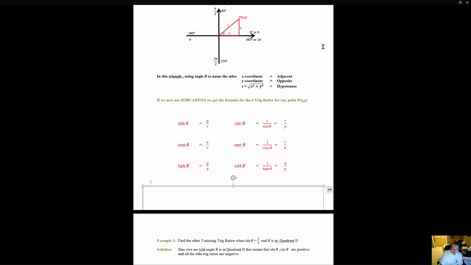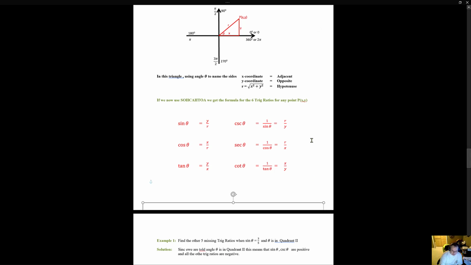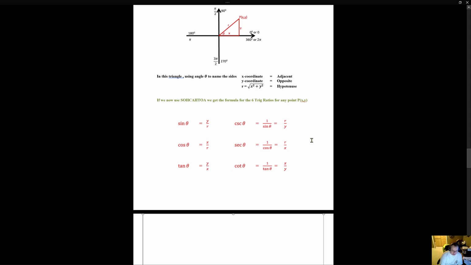And you notice that all these formulas just use the x, the y coordinate, or the value of r. Now, provided you know which quadrant it's in, and essentially all the quadrant does is tell you whether the answer is a positive or a negative number, you are pretty much good to go. So let's apply it and see how it would work in practice.